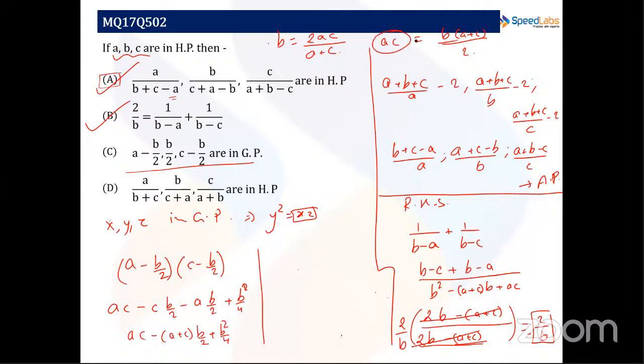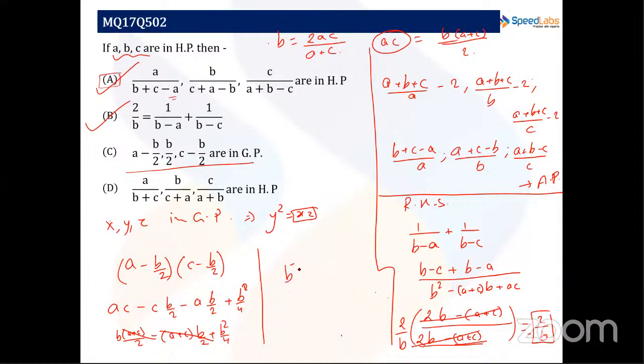Now again we have seen that AC is B into (A plus C) by 2. So we have B square by 4 minus the same term, and these two terms get cancelled out.